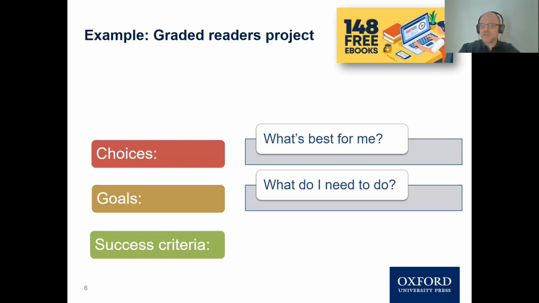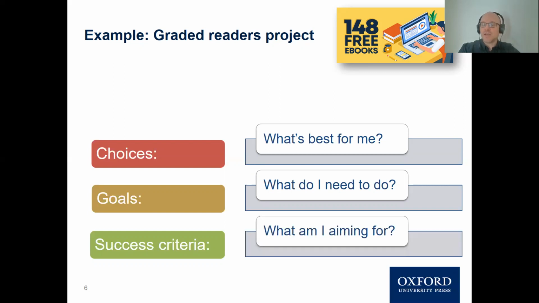This reading project, for example, involves reading, researching answers, creating quizzes, and also evaluating their own work and their classmates' work. And there are clear success criteria. The students are asking, "What am I aiming for?" as they set themselves a challenge, for example, a certain number of titles, quizzes to complete in a given time.